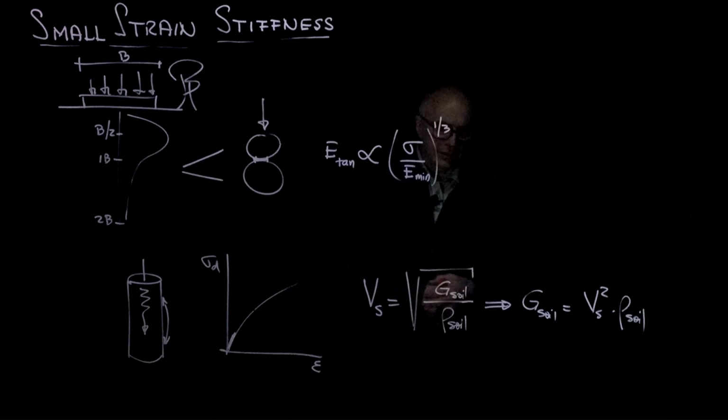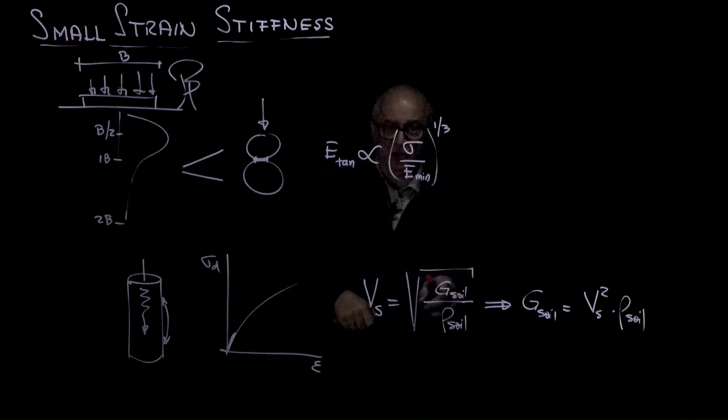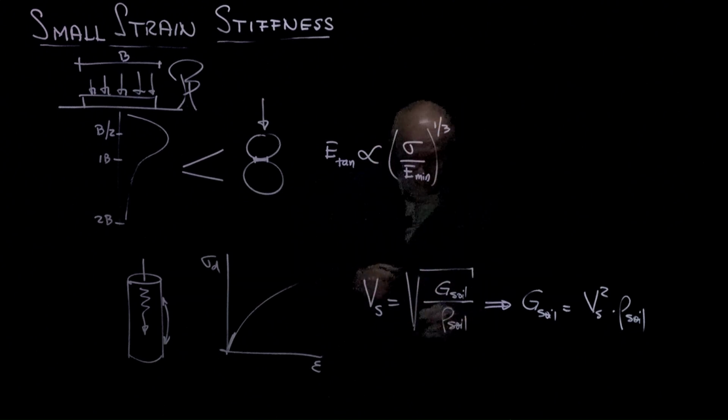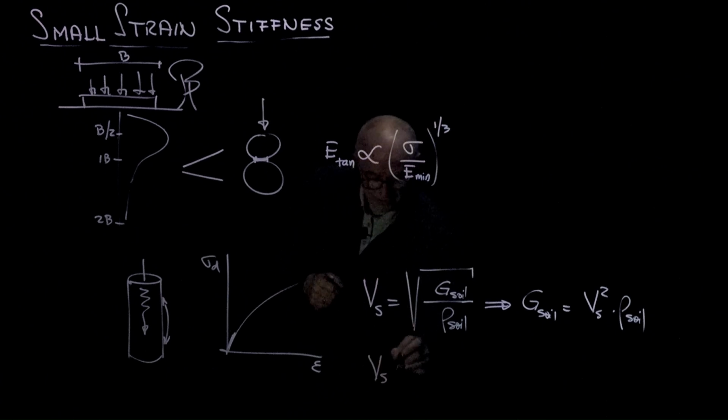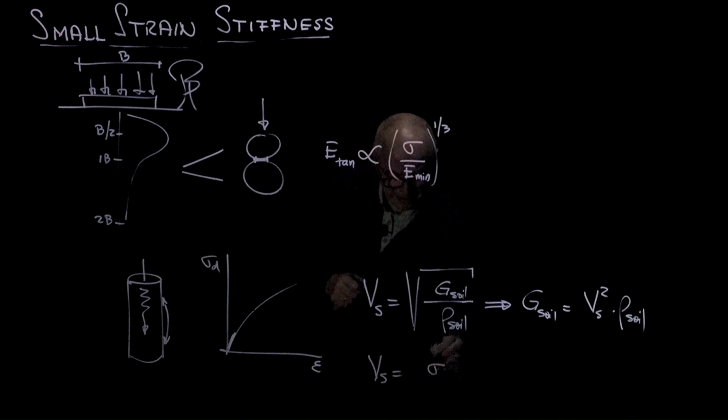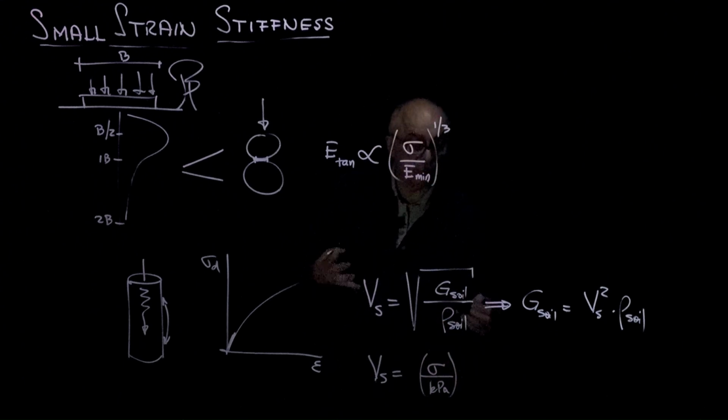So if I combine these two, now you realize that the stiffness in Hertz is related to the soil stiffness. And if this is the case, now I conclude that the shear wave velocity is going to be proportional to the applied stress normalized by some units, let's say kilopascals, to an exponent.